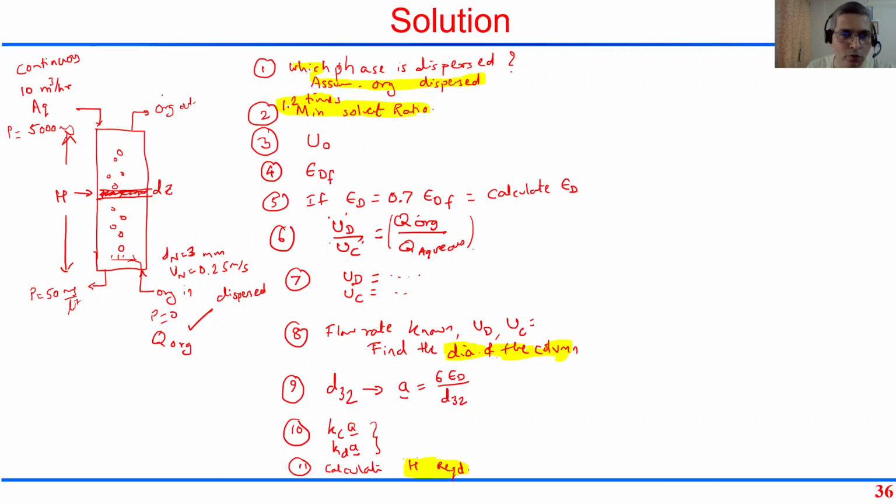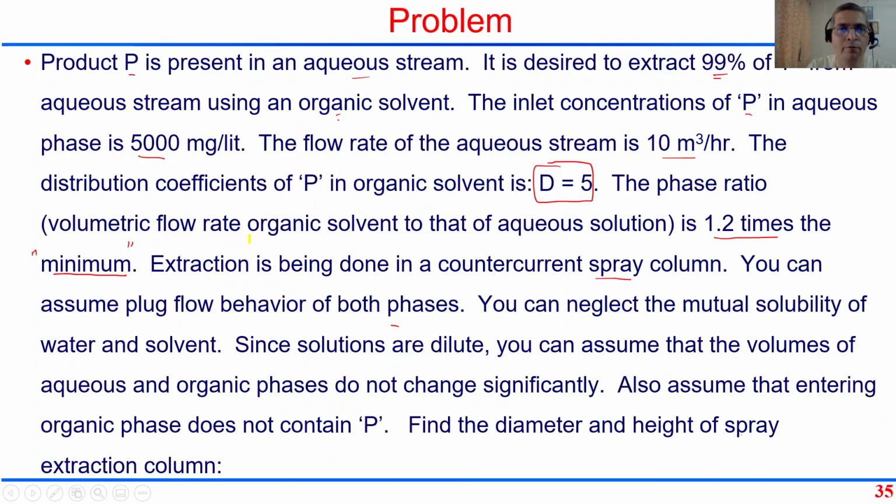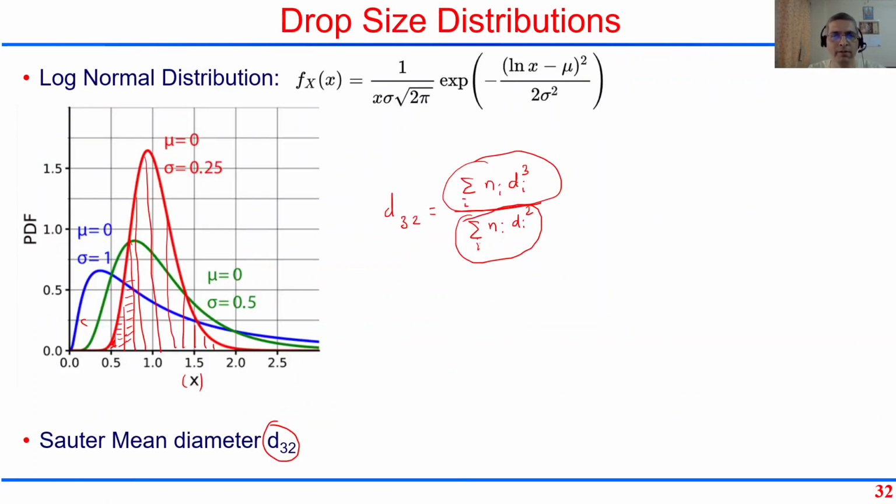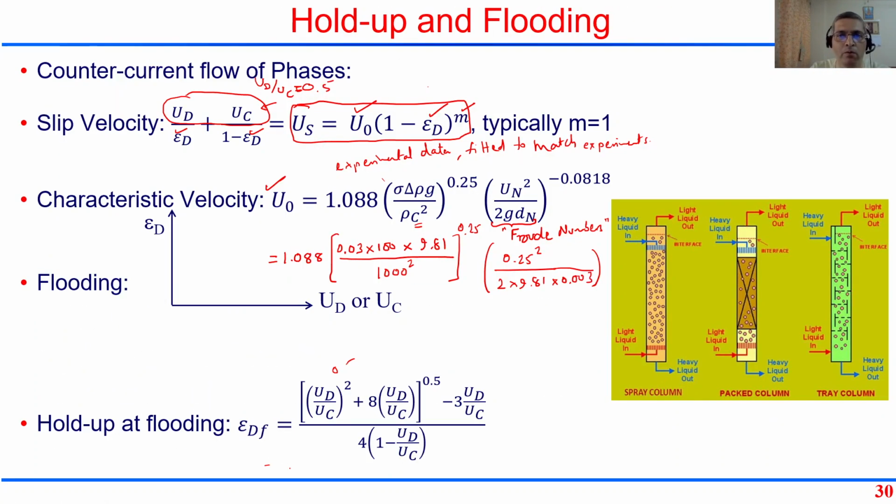Of course it is also dependent on the validity of these correlations. We have used all these correlations, and it is subject to the applicability of these correlations to our system.